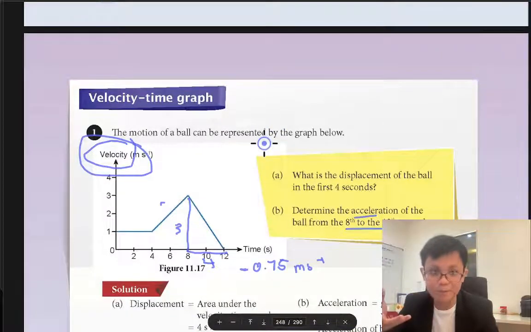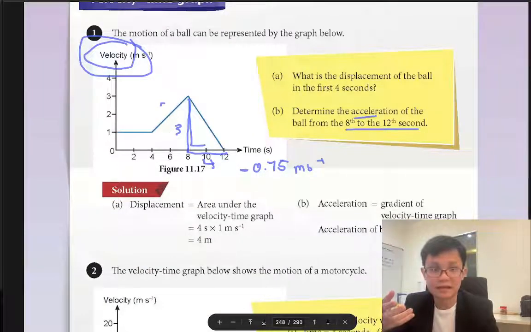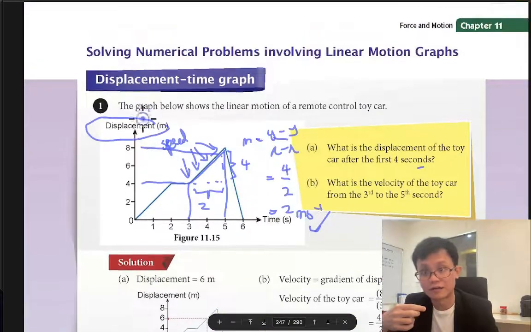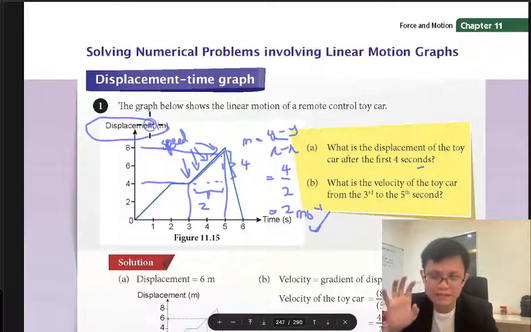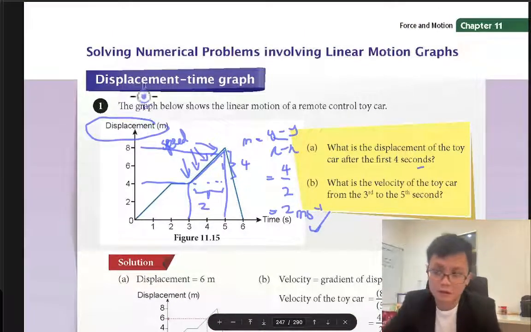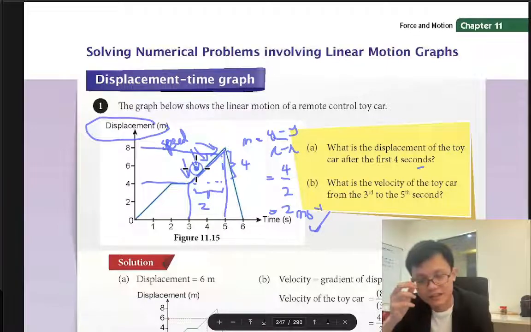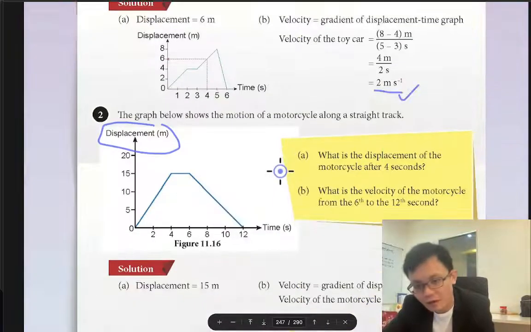But for the same thing, I find the gradient, I get the acceleration. So what is the keyword? The keyword is here: the graph either gives you velocity or gives you displacement. If you don't understand that, then it will be a bit difficult, but you can ask in the comment. Maybe some of your friends or me, if I see the comment, I can help.